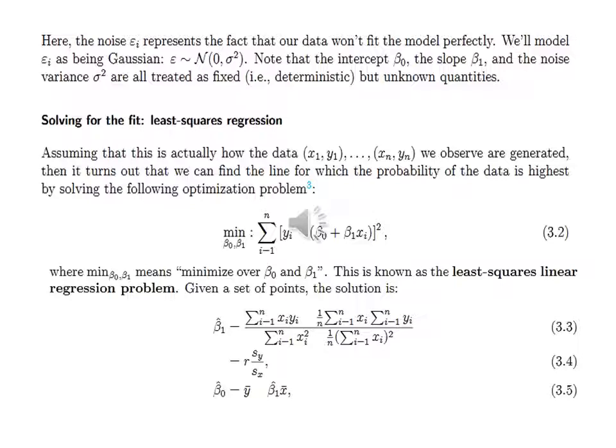Solving for the fit: least squares regression. Assuming this is actually how the data (x1, y1), up to (xn, yn), we observe are generated, it turns out that we can find the line for which the probability of the data is highest by solving the following optimization problem: minimize over beta 0 and beta 1 the summation from i equals 1 to n of (yi minus (beta 0 plus beta 1 xi)) to the power 2, where minimizing over beta 0 and beta 1 means minimize over both.